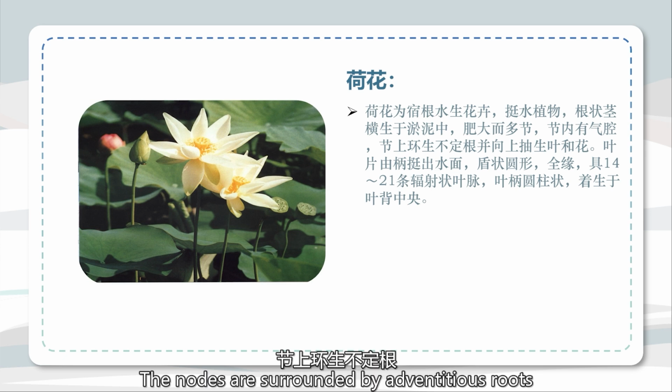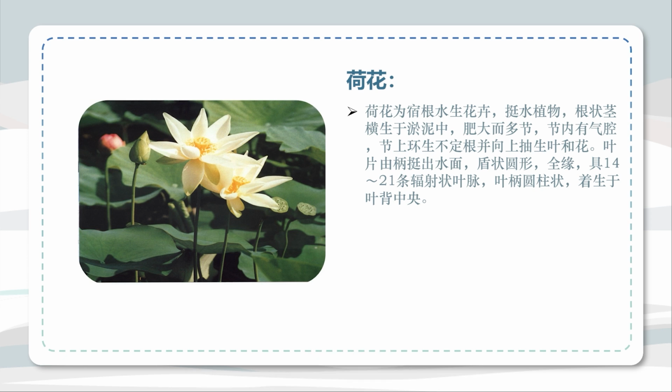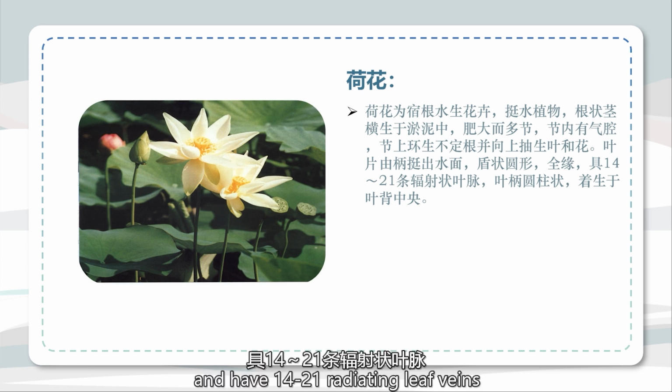The nodes are surrounded by adventitious roots and grow leaves and flowers upwards. The leaves protrude from the water surface by the petiole, are shield-shaped circular, have a full margin, and have 14 to 21 radiating leaf veins.